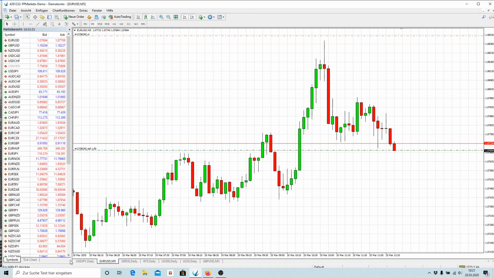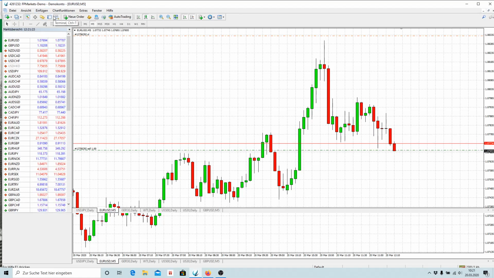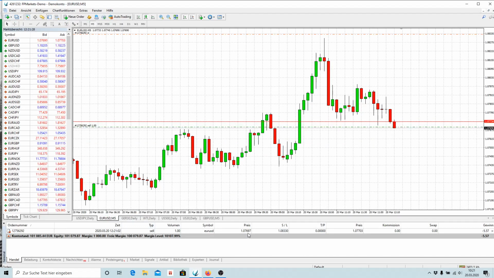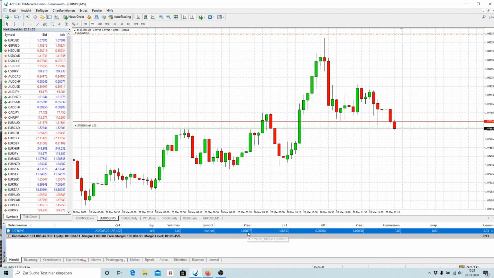So we are risking on this position, let me check the right window, 64 pips.